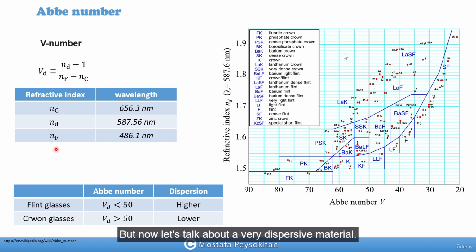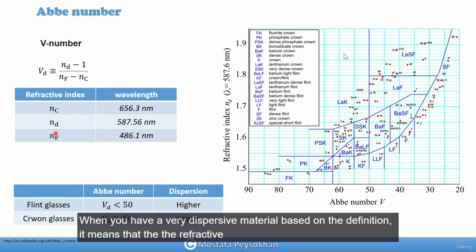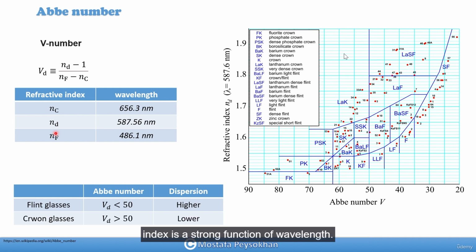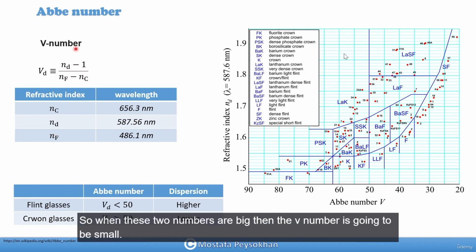But now let's talk about a very dispersive material. When you have a very dispersive material, based on the definition, it means that the refractive index is a strong function of wavelength. So the difference between these two numbers should be big. When the difference is big, the V number is going to be small.